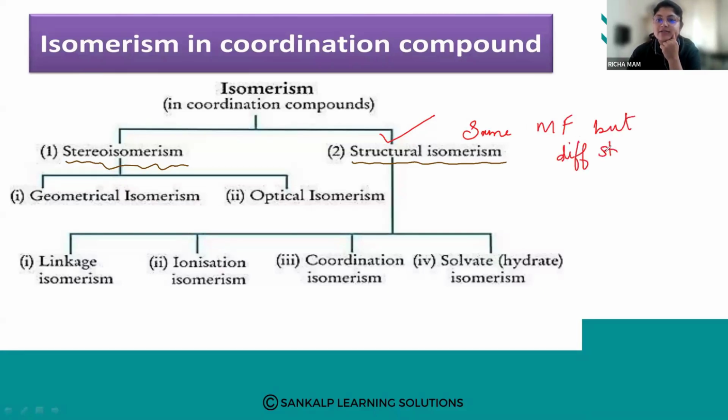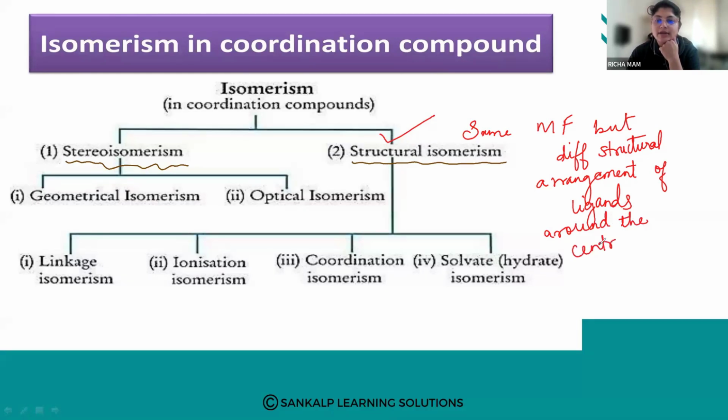The arrangement of atoms is different, so they have different structural arrangement of ligands around the central metal ion or metal atom. So this is structural isomerism.